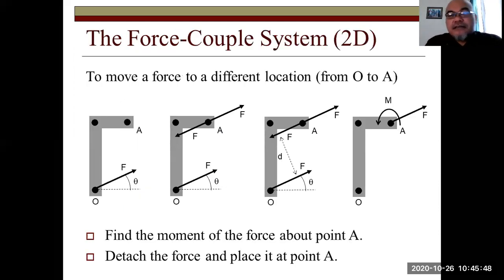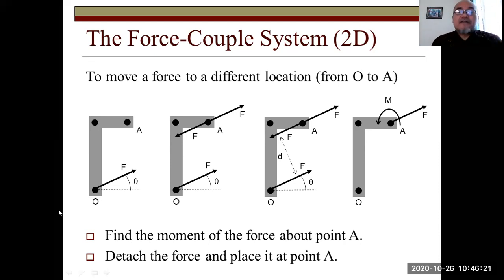Okay, now sometimes we may also have a force couple system. In this case, in a structure, a couple occurs at the same time with a force. So we need to move the force to a different location, from O to A, for example. We have initially a force at point O. We can change this into a force and a couple.